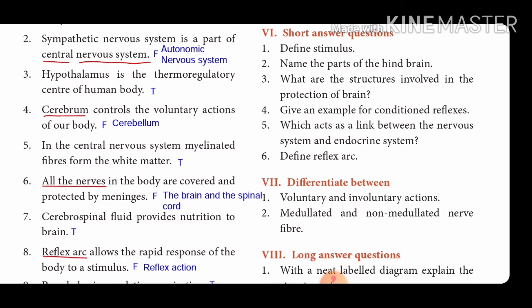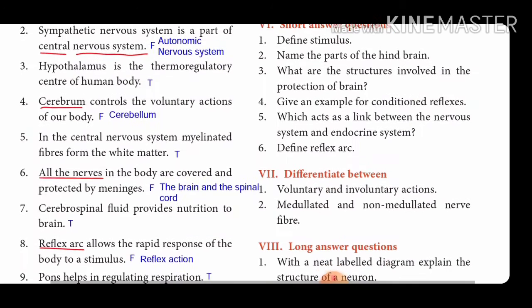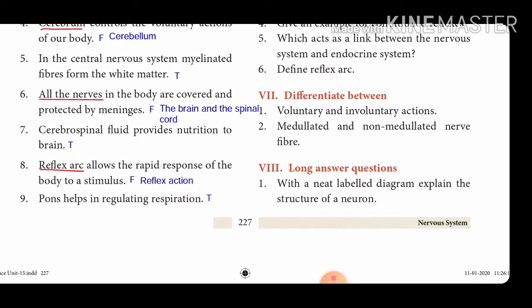Fifth one, in the central nervous system, myelinated fibers form the white matter. True. Sixth one, all the nerves in the body are covered and protected by meninges. It's a false statement. The brain and the spinal cord in the body are covered and protected by meninges.